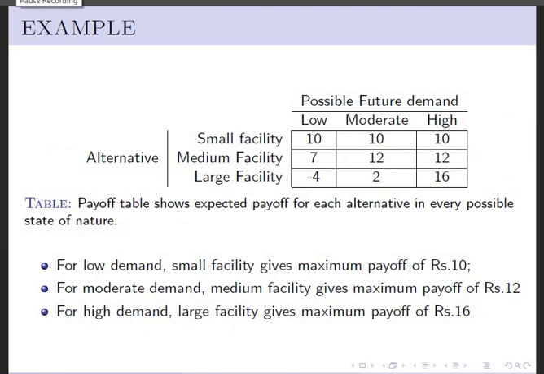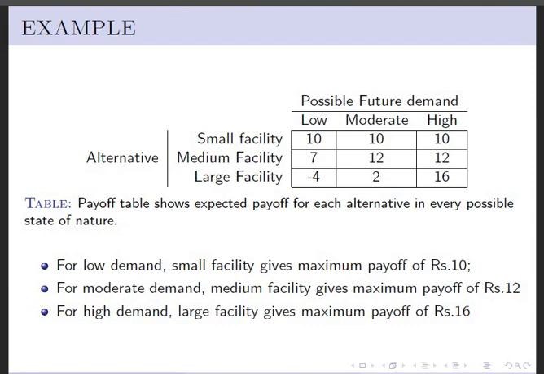Here is an example showing the alternatives such as small, medium and large facilities, and low, moderate, high possible future demand as the states of nature. From this table, we can see that for low demand, a small facility gives maximum payoff.